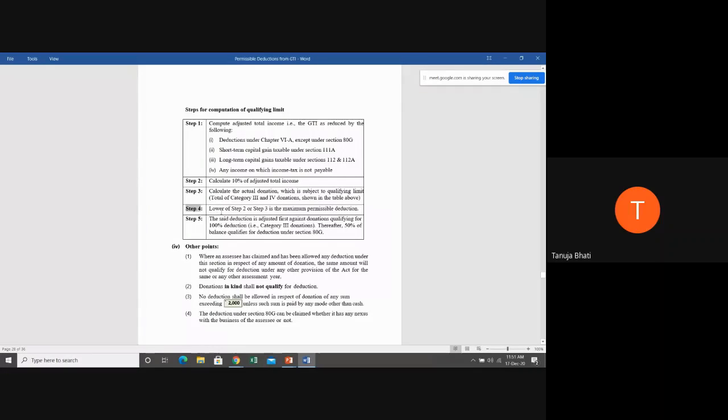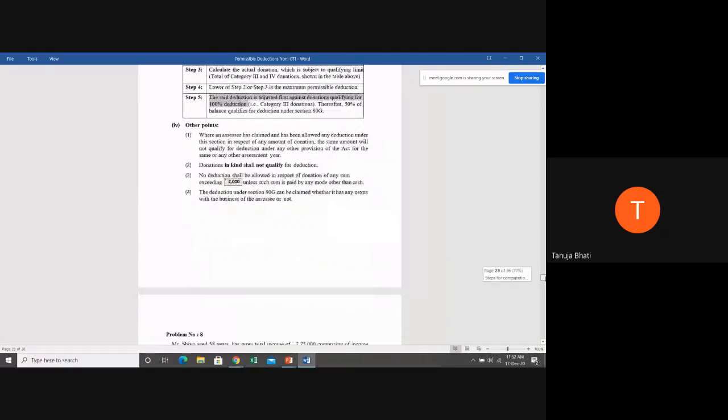Then step number 4, whichever is lower, the actual donation made or 10% of adjusted total income, is going to be the donation that you can claim under section 80G. So always remember that first you have to adjust the maximum deduction from the 100% deduction category, that is category 3, and the balance you have to take at 50%, which falls under the 50% category.